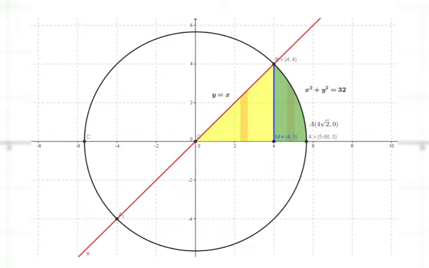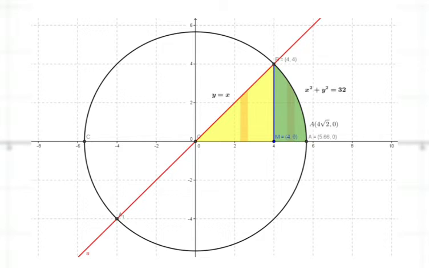Now the equation of the line is given to us as y equal to x, and the equation of the circle is given to us as x squared plus y squared equal to 32.